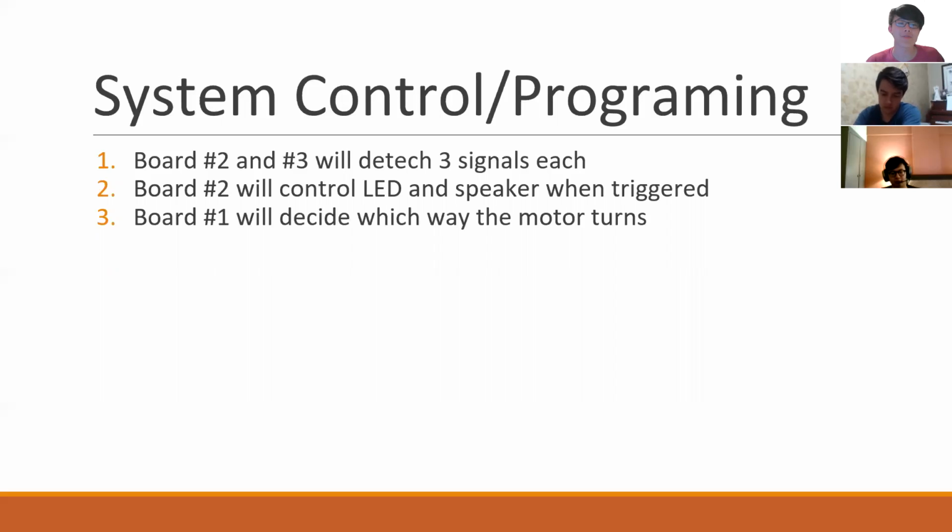Board 2 will control the LED and speaker when any of the sensors gets triggered. Then board 2 will send a signal to board 3, and board 3 will send a signal to board number 1, which will ultimately decide which way the motor turns.